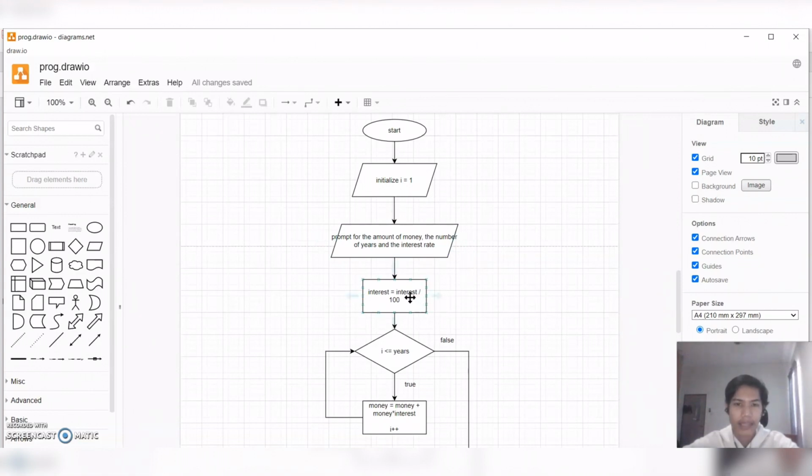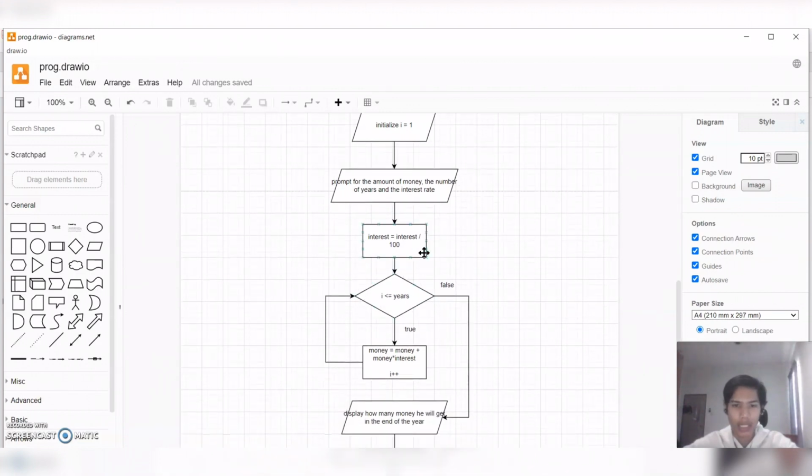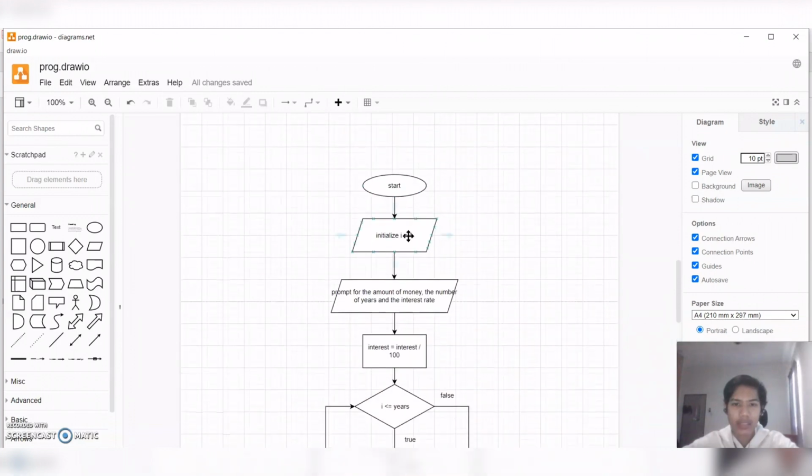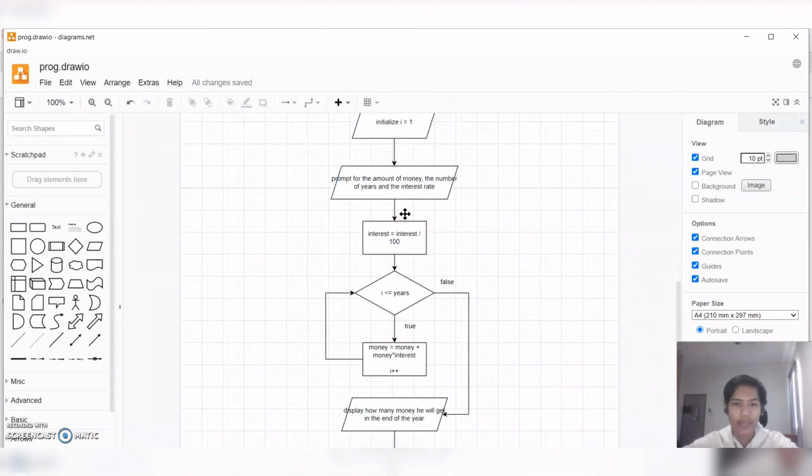So, interest is equal to interest divided by 100 to make it into decimal places, and then we check if I is less than or equals to years. So our counter here must be less than or equals to years. Our counter here is initialized as 1.